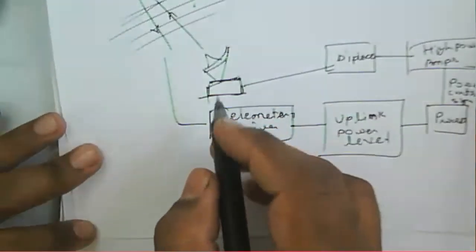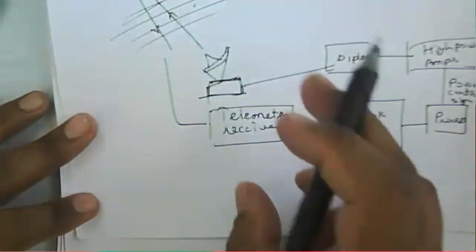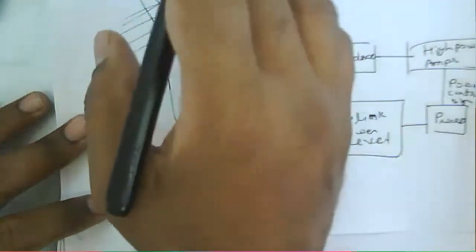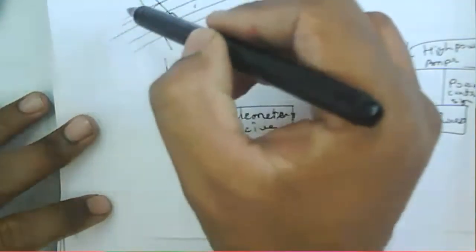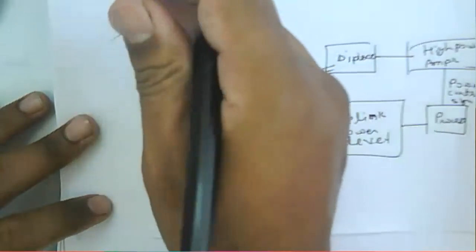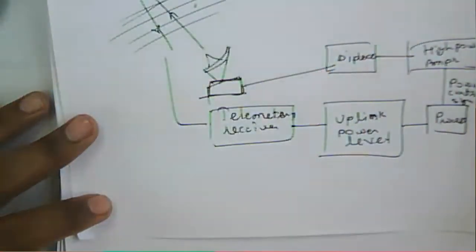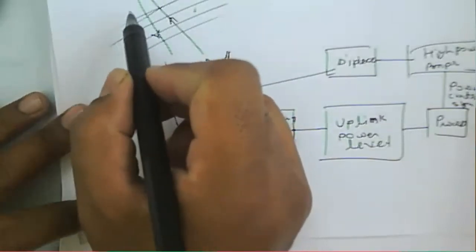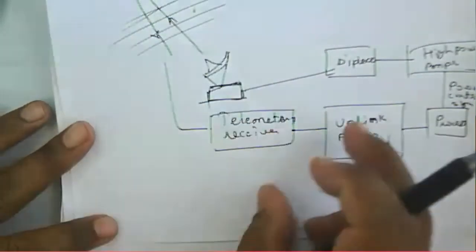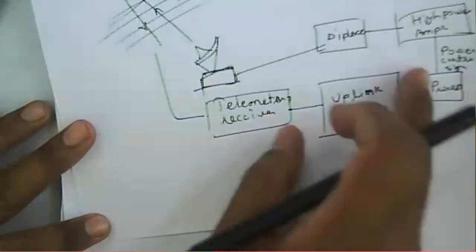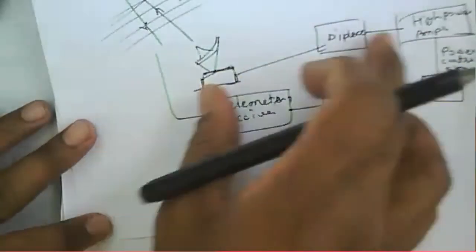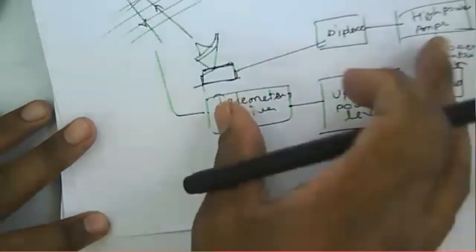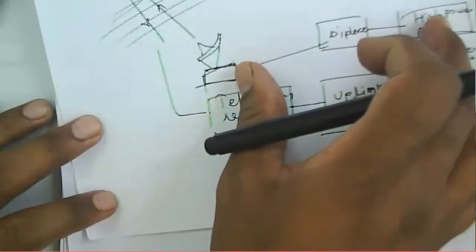Again, there may be an estimation error of the particular signal, or whatever the detected signal is, we are not able to detect it accurately, and there may be a loop time delay, so that may affect the transmitting power.